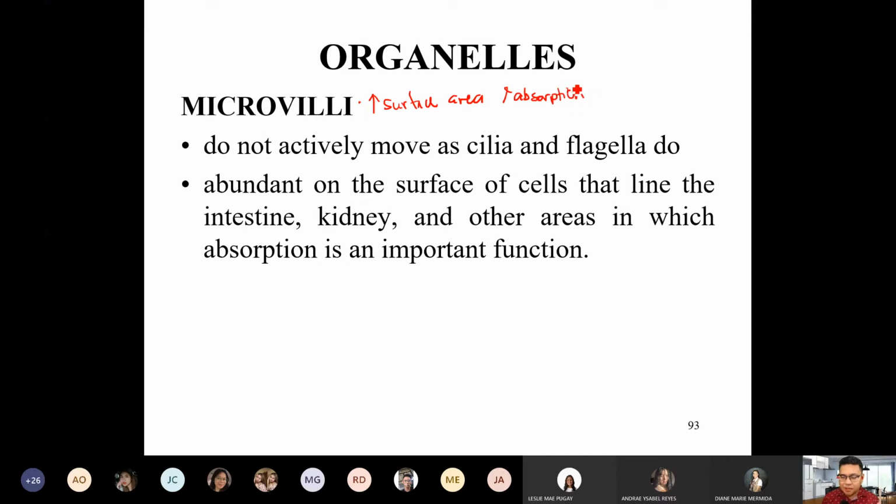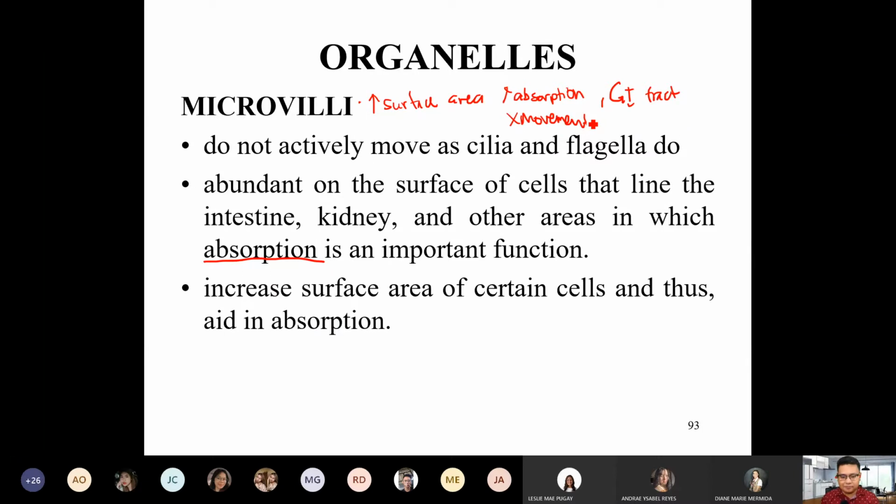Okay? These are primarily found in the GI tract, especially in your large intestine. Hindi siya for movement ha. It's not for movement. So sobrang liit niya, hindi niya kaya ibuin ng cell. Okay? It increases surface area.